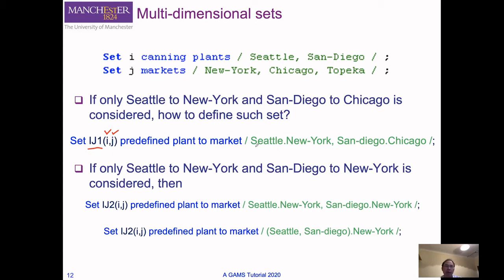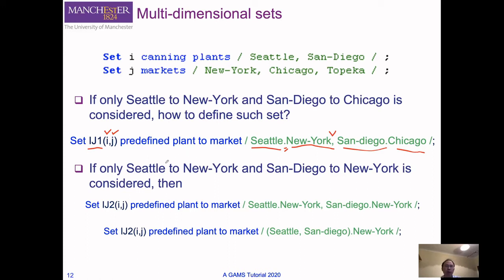And then we can assign elements to this subset. So Seattle, the element from set I, dot, don't forget this dot, and the element from set J, New York: Seattle dot New York, and San Diego dot Chicago. Between these two elements, we need to use a comma to separate them because they are on the same line.